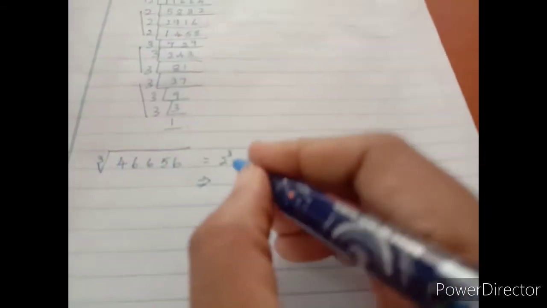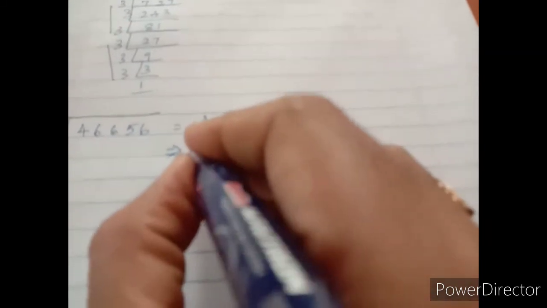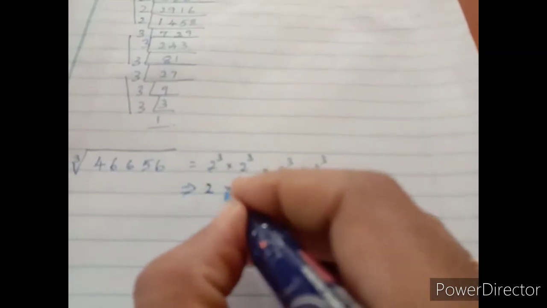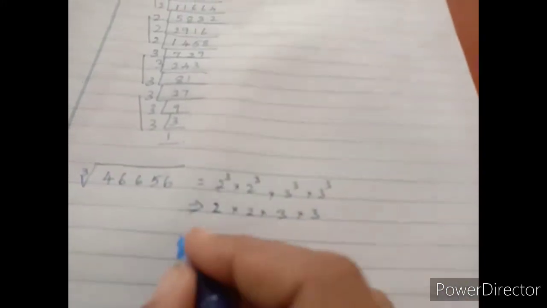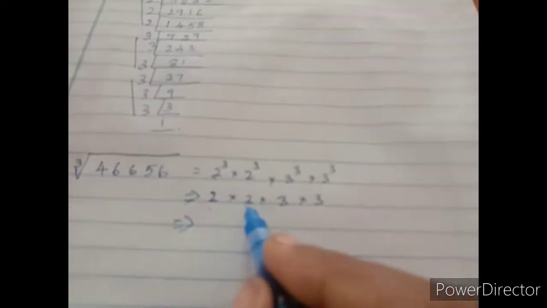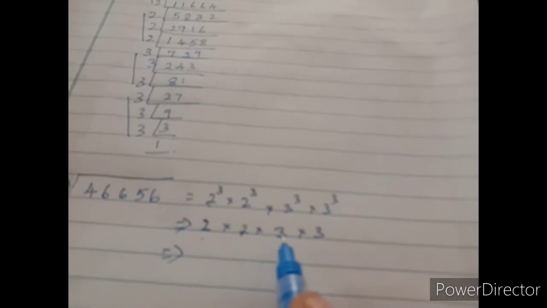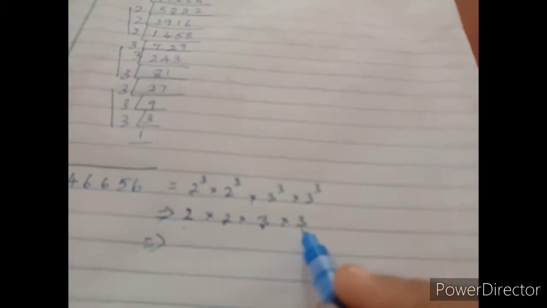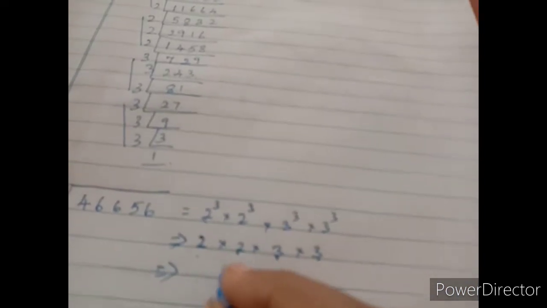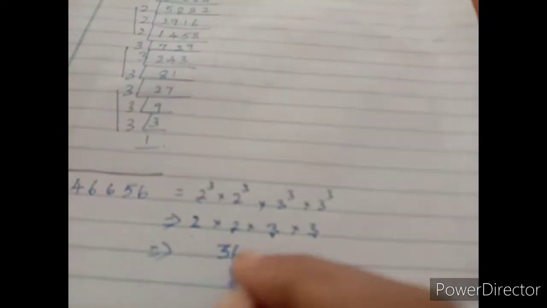So out of 3 numbers you take 1 number. Therefore 2 into 2 into 3 into 3, which is equal to 2 2s are 4, 4 3s are 12, 12 3s are 36.